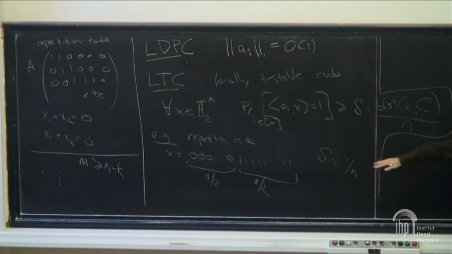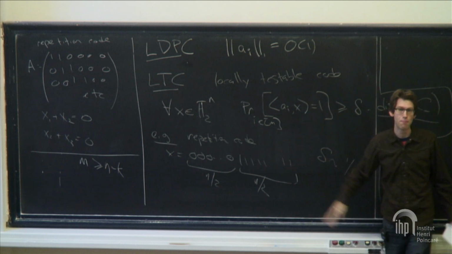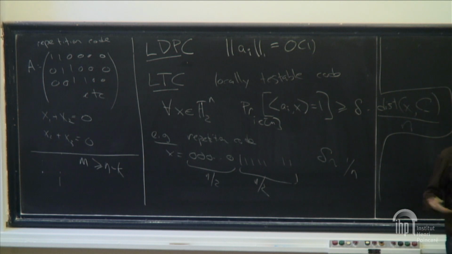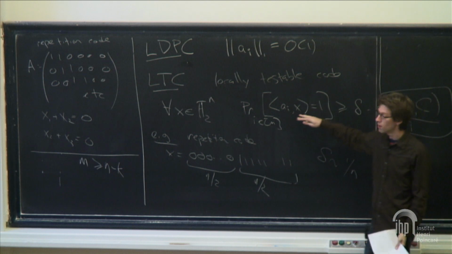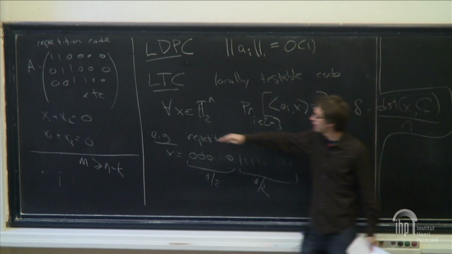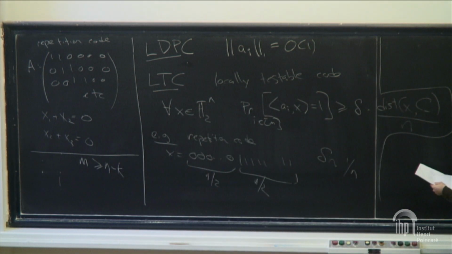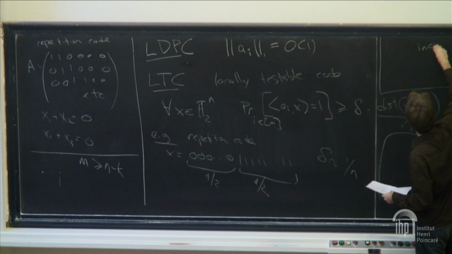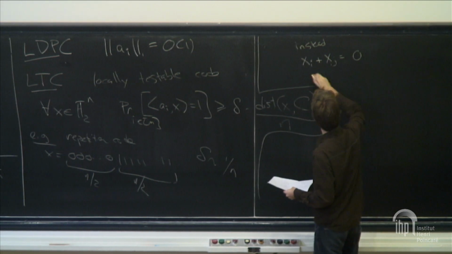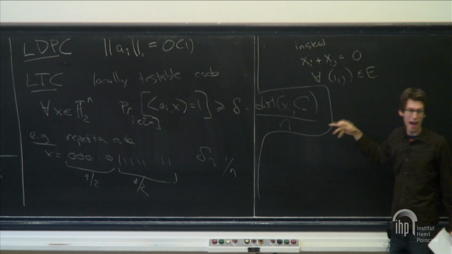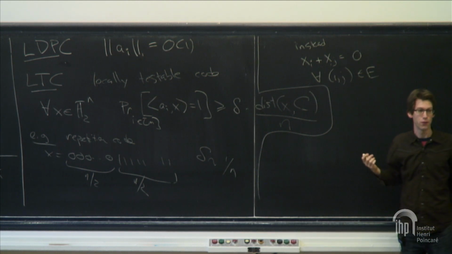So I pointed out this is a basis-dependent property, and the repetition code can be locally testable if you use a different set of checks. And they can still be weight 2 checks, so they can still be checks on pairs of bits. What we'll do instead is the checks will be x_i plus x_j equals 0 for all ij corresponding to edges of some graph.